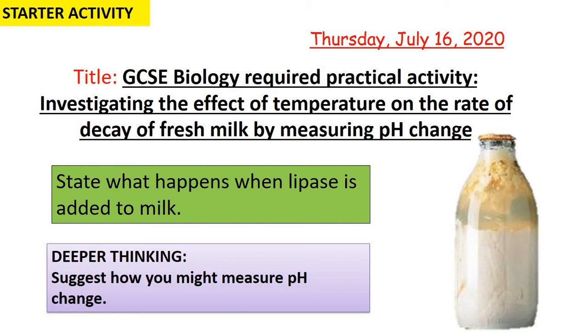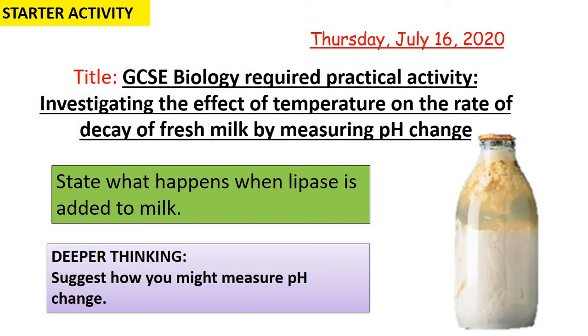So what we're doing here is observing decay by modelling decay, and the way that we're doing that is by using lipase enzymes. If we think about bacteria and microbes, they would use enzymes to break down the organic material. We are just providing an enzyme to model that decay.